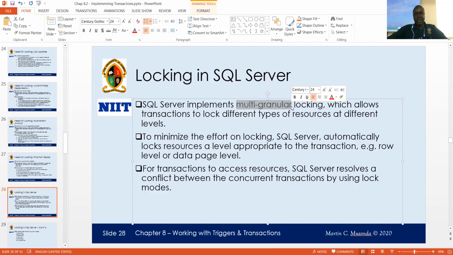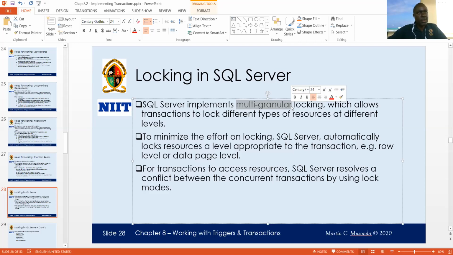For transactions to access resources, SQL Server resolves a conflict between the concurrent transactions by using lock modes. So because of the need to implement locks, there will be cases where there will be conflict.